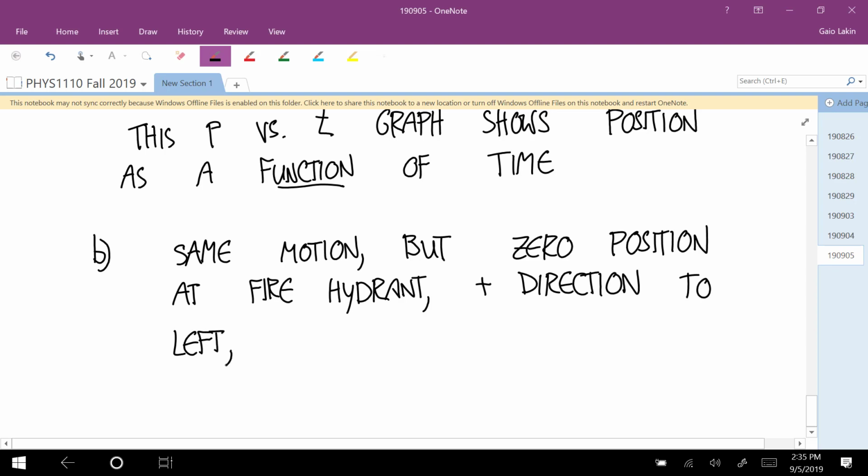And the zero time, let's say that this other physicist clicked the stopwatch on 5 seconds before the person walked out the door. So zero time is 5 seconds before the person starts walking.